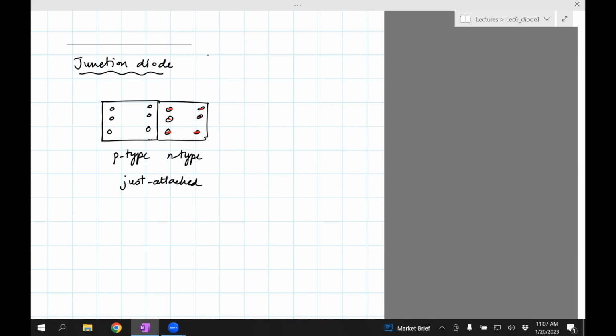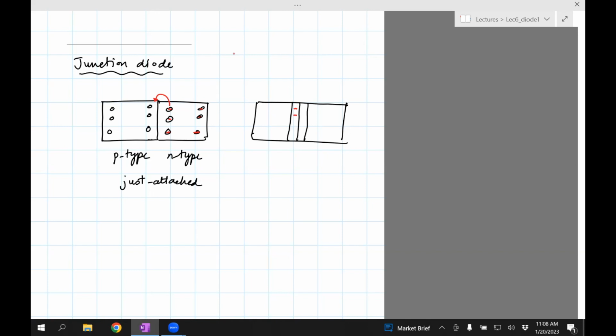Okay, now what happens is the electrons like to go towards the holes, and after this reaches a steady state, that is, the electrons have traveled to the holes, you'll see that there will be a band here. On the right side we had electrons, which are now flowing from the right side to the left side.